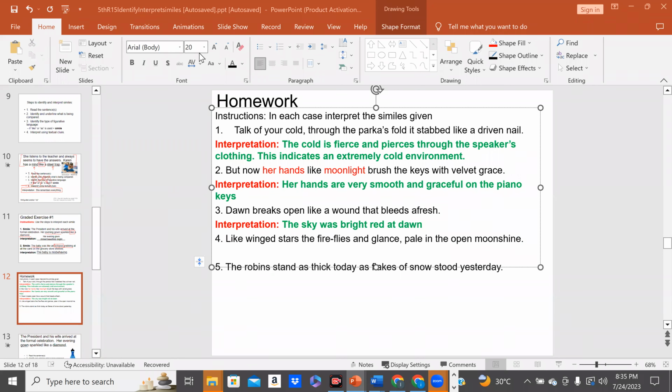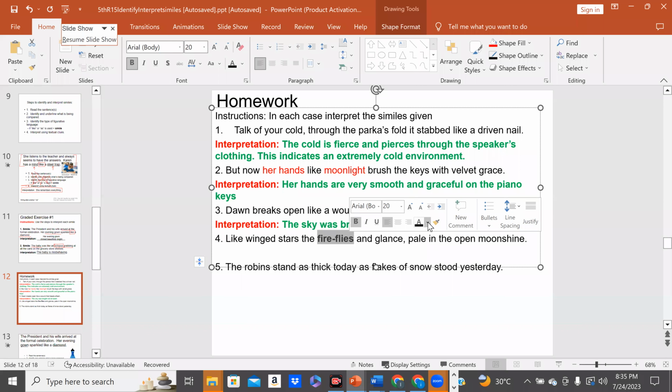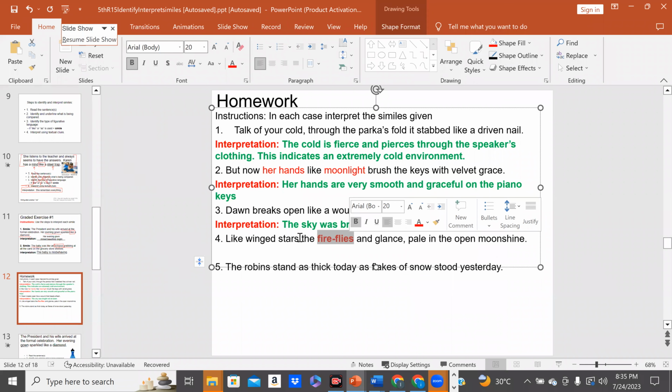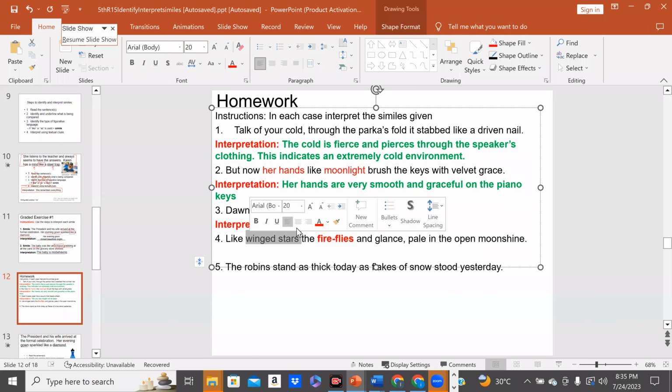Fireflies and stars. Fireflies and stars. Very good. That's correct. So the fireflies are being compared to what? Stars. Winged stars. Okay, good.